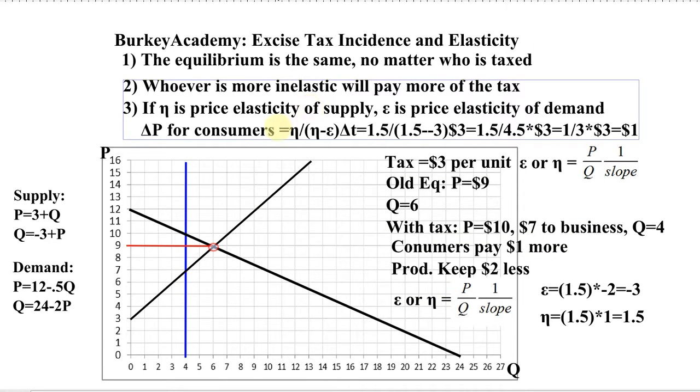Well, what this formula allows us to do is to be able to predict, or at least approximately predict, what the incidence is going to be for consumers and what the incidence will be for producers for a certain size tax. We just plug in the two elasticities into this formula and how big the tax is, and presto, we can make that prediction.